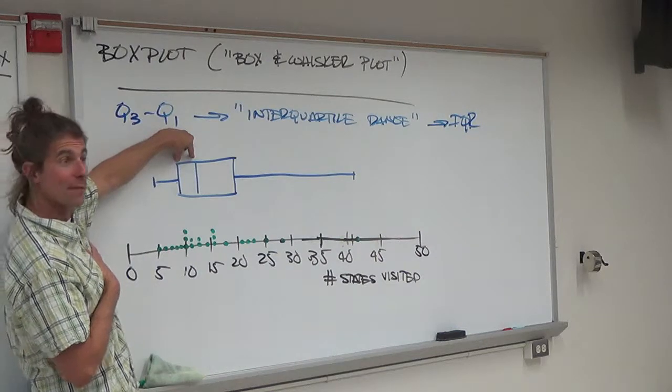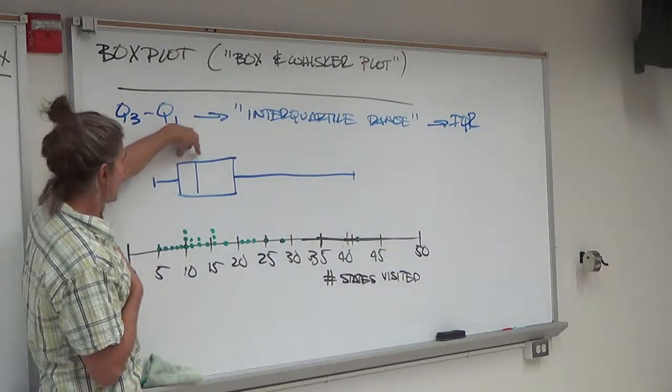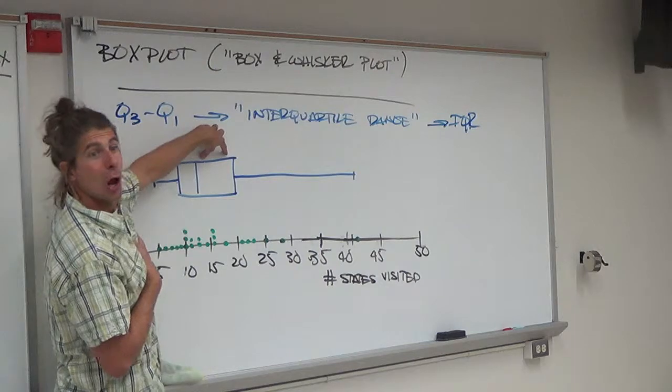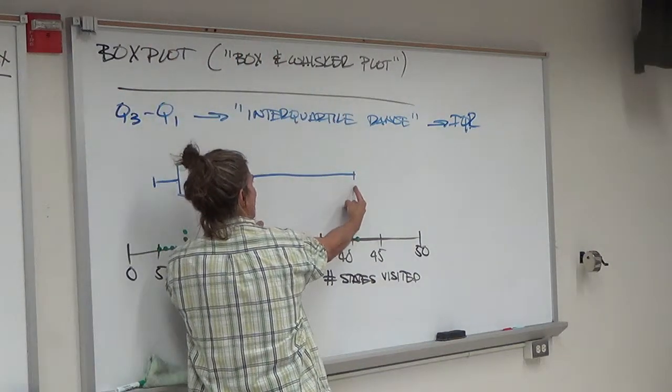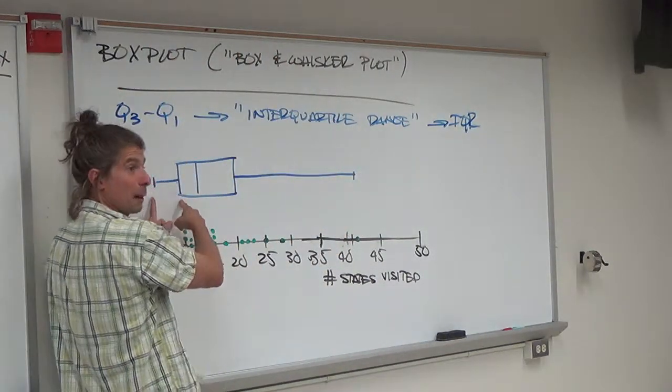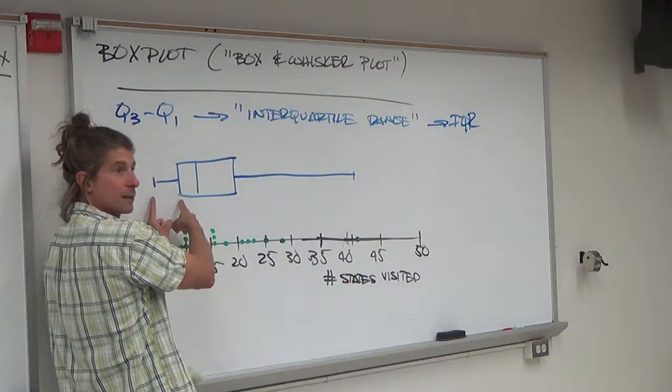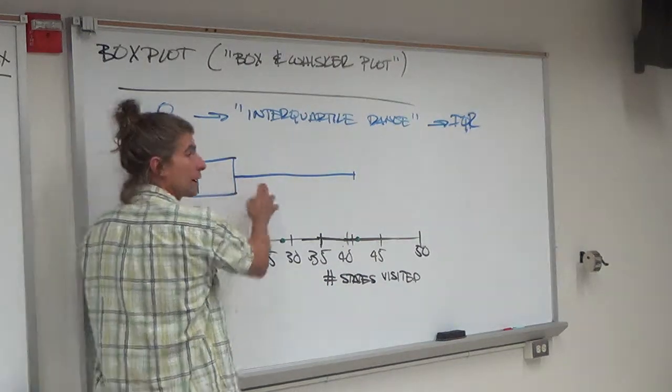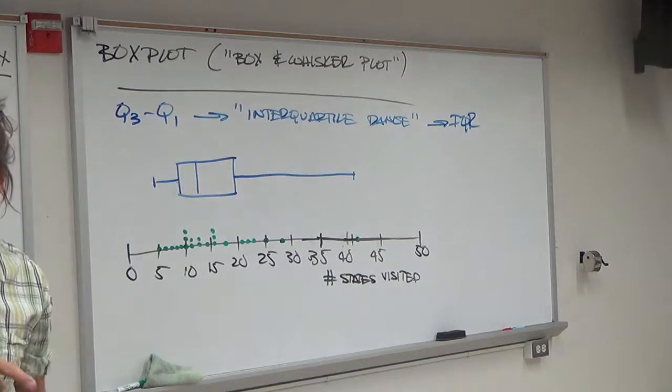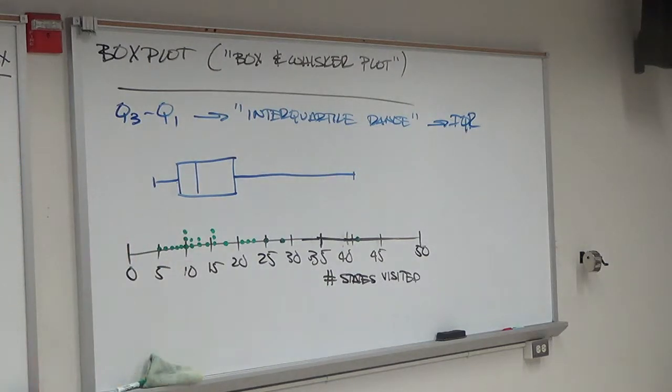Be brave. 25%. What percent of the data is in here? 25. What percent of the data is in here? 25. It's a quarter, a quarter, a quarter, and a quarter. That means there's the same number of data points in every one of those ranges, yes? So why do they look so vastly different?